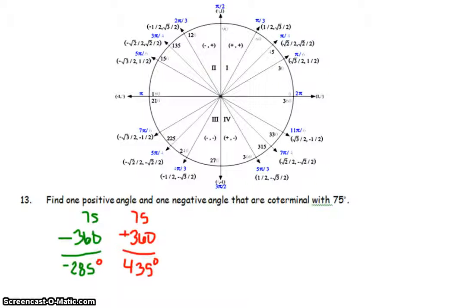So let's pretend that it says negative 75 degrees. Okay, so my negative 75 will be somewhere around here. I need to find what will be going the other direction, going this direction. So I'm actually going to do negative 75 and add 360, because I want to find out what the positive is. And that's going to give me 285.